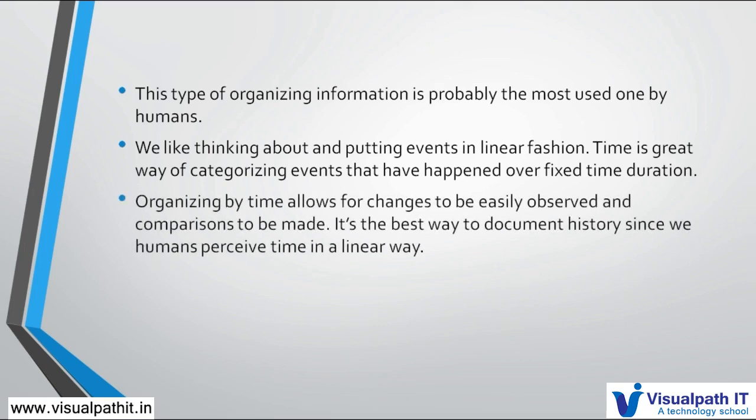Organizing by time allows for changes to be easily observed and comparisons to be made. It's the best way to document history since we humans perceive time in a linear way.